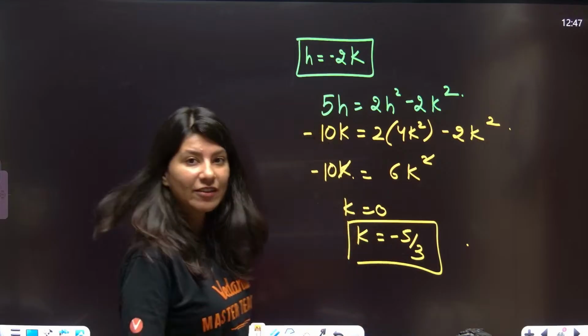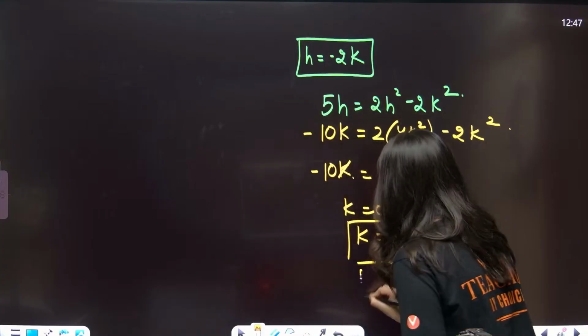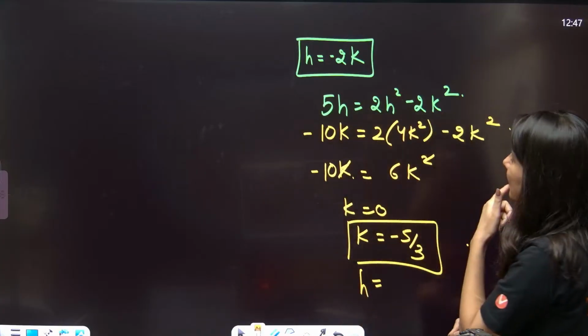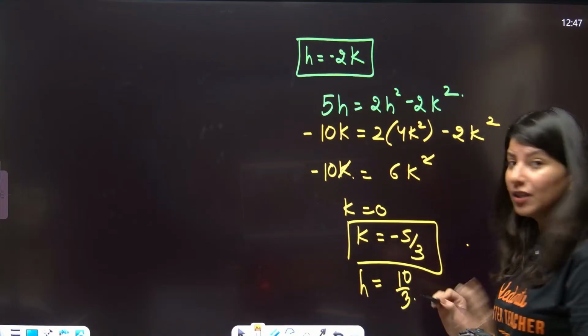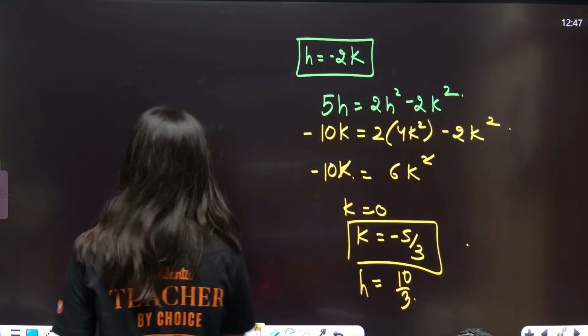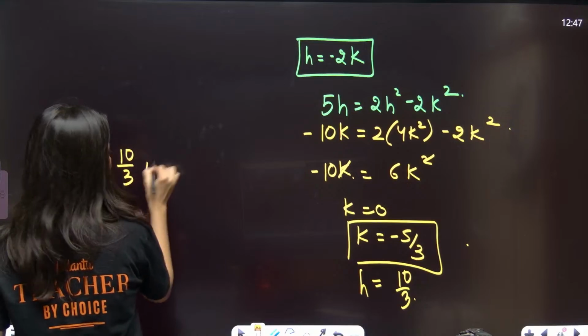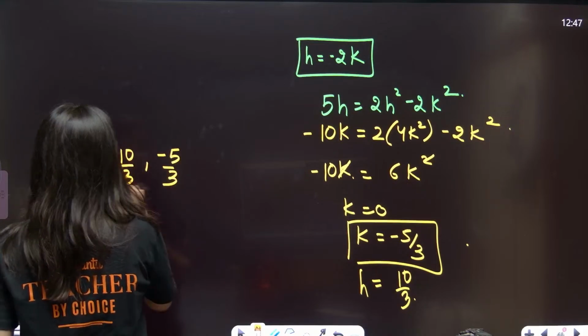The moment you put it, h will be from here, minus 5 by 3 will give you 10 by 3. So now the midpoint you have got, which is 10 by 3 comma minus 5 by 3.